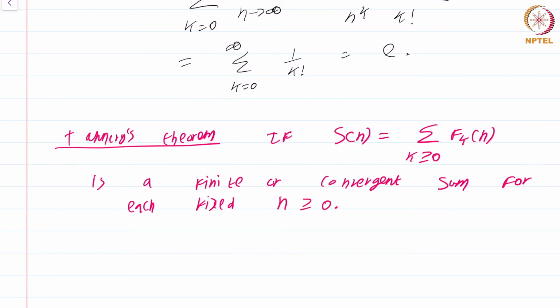So what we have is, for each n I'm given a series expression. This is either a finite or a convergent sum. I don't really care which it is.